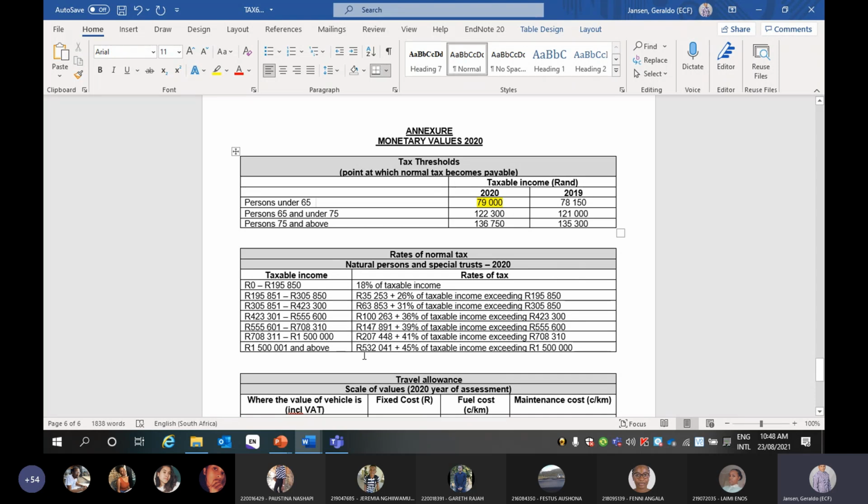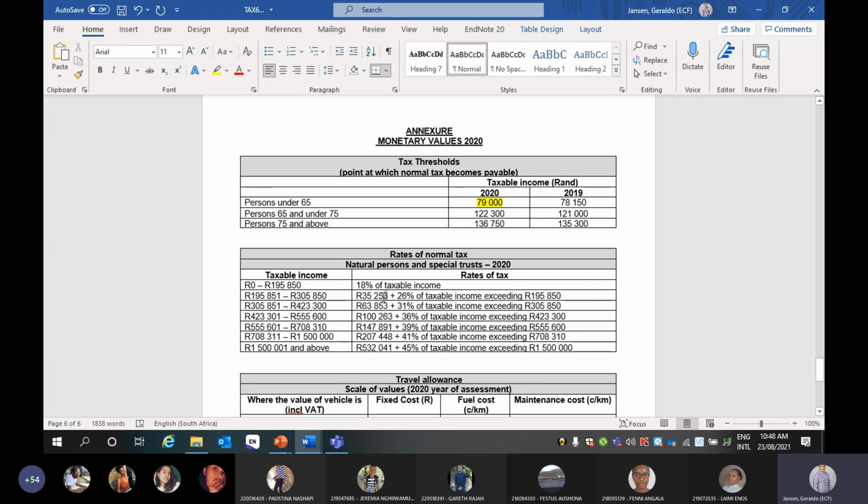Now, guys, our 300,000, do you agree it falls in this second category? Because this category goes up to 305,850, and we have 300,000, so obviously we fall in this category. Now, this is the tax part, how much tax that person will pay.